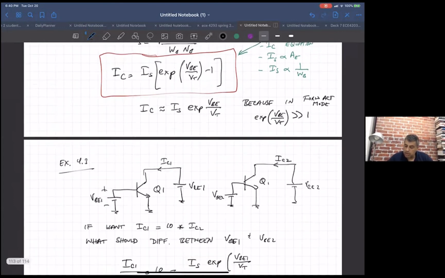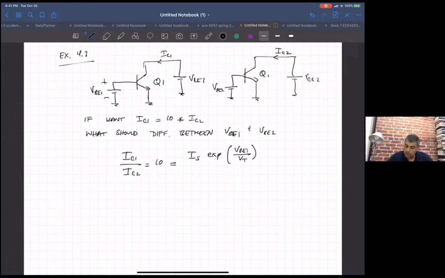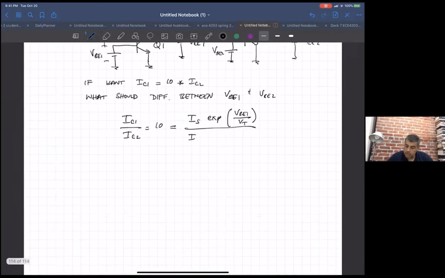So I can get rid of that 1. It's the same transistor, so I'm going to have the same I sub S, but a different VBE2 over VT.